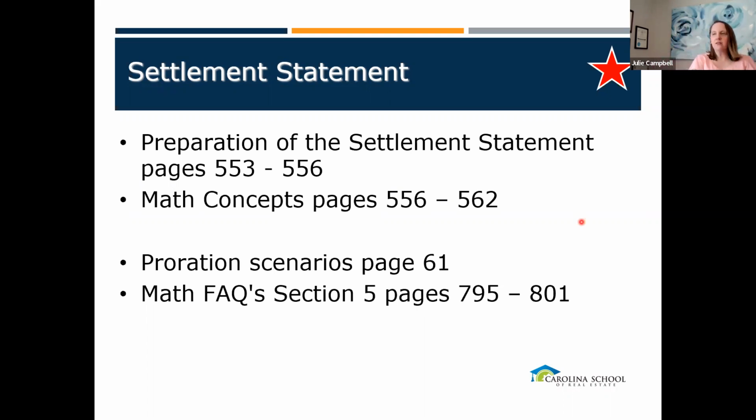But now that we're here, and then there's that math facts section in the back of the book that has some other information as well. So the discussion of the settlement statement and where we're getting this math can all be found on these pages.